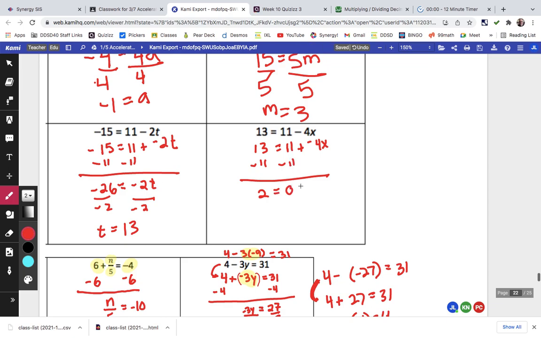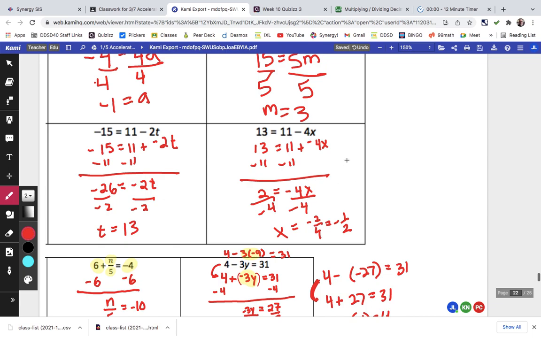We could write 0 plus negative 4x, but we don't really need to write 0 plus anything, so we'll just write negative 4x. And we'll divide by negative 4. So x is equal to negative 2/4, which is equal to negative 1/2.